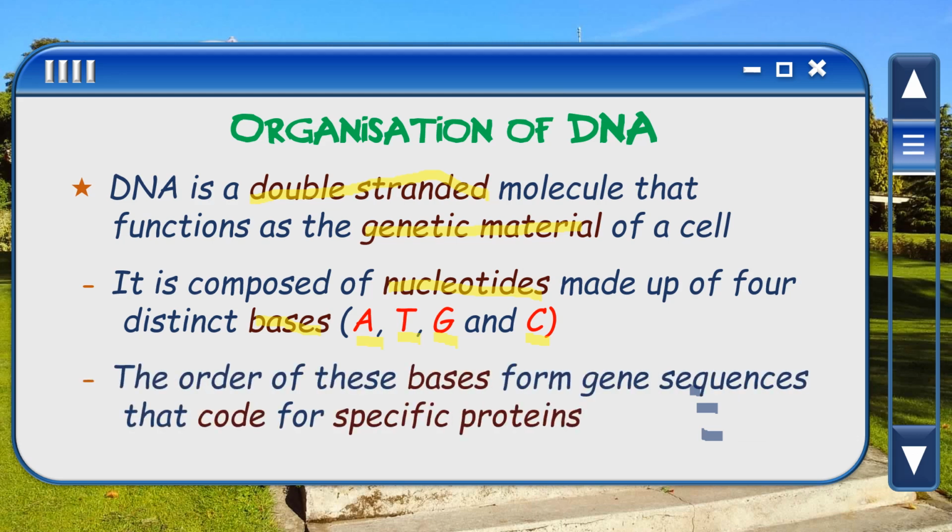So that is the DNA. And then the order of the bases forms gene sequences that code for specific proteins. So when these bases are arranged in the strand, they form what we call a gene sequence. And that gene sequence is the one that codes for the specific proteins, as we shall see later on.